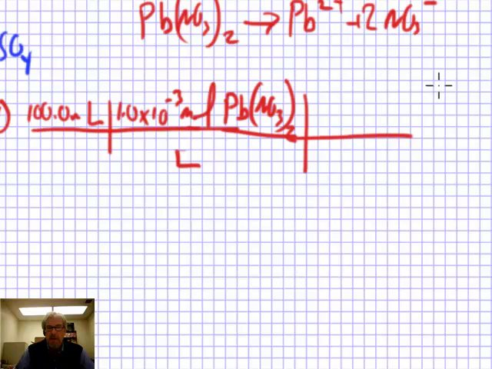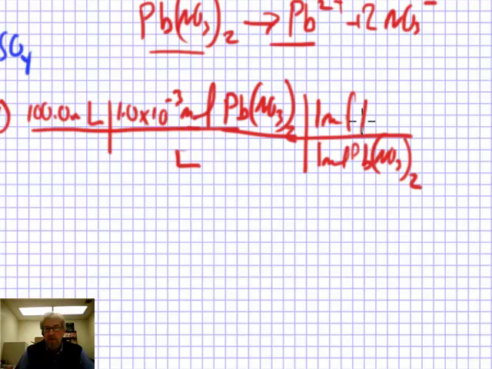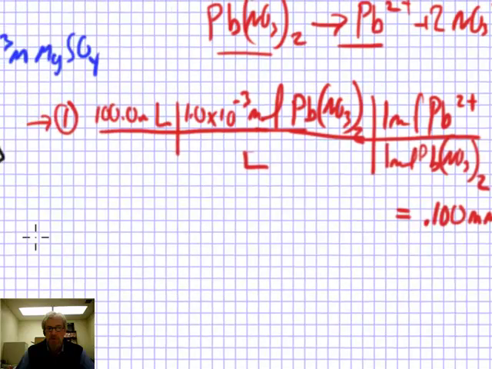So the 1-to-1 stoichiometry tells us that every 1 mole of Pb(NO3)2 that's dissolved in there is going to give us 1 mole of Pb2+ ions. So you work this all out, and here's what you find. 0.100 millimoles of lead 2 ions are present in that first beaker, and so that's how many are present in the third beaker.